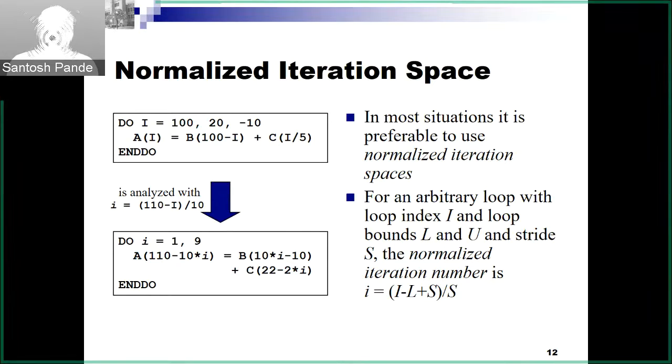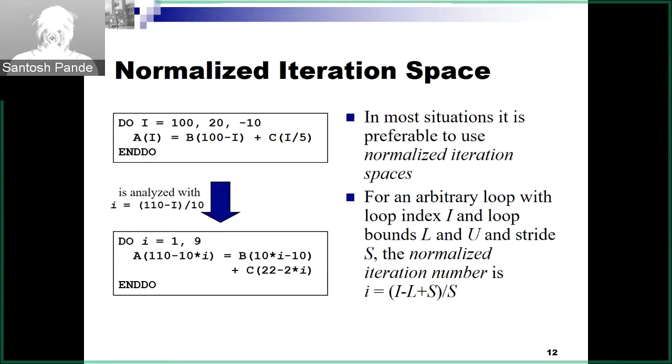And you can see that now this loop is set up in terms of small I going from 1 to 9, and it pretty much mimics whatever that loop was doing.